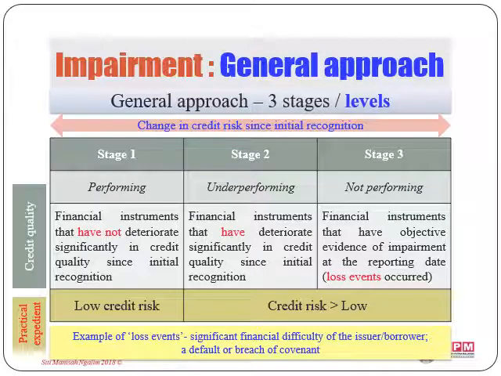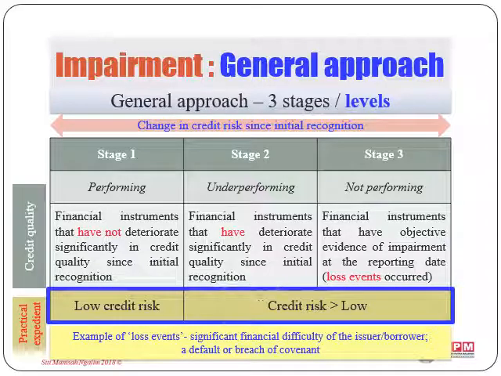This is just another way of looking at the 3 stages. Stage 1 refers to low credit risk instruments, while Stage 2 and Stage 3 refers to instruments with credit risk higher than low. In practice, an entity may assume that the credit risk on a financial instrument has not increased significantly since initial recognition if the financial instrument is determined to have low credit risk at the reporting date.